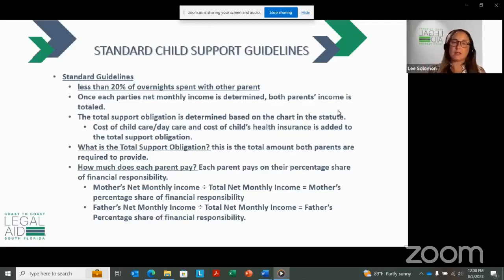Mom's portion is you're going to figure it out by doing 2,000 divided by 4,000. That's 0.50, 50%. And so she's responsible for half of that total support obligation. And dad would be responsible also for half of the total support obligation.